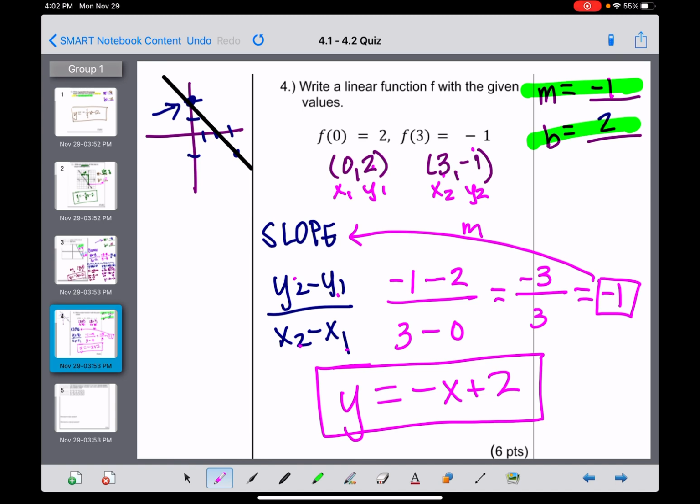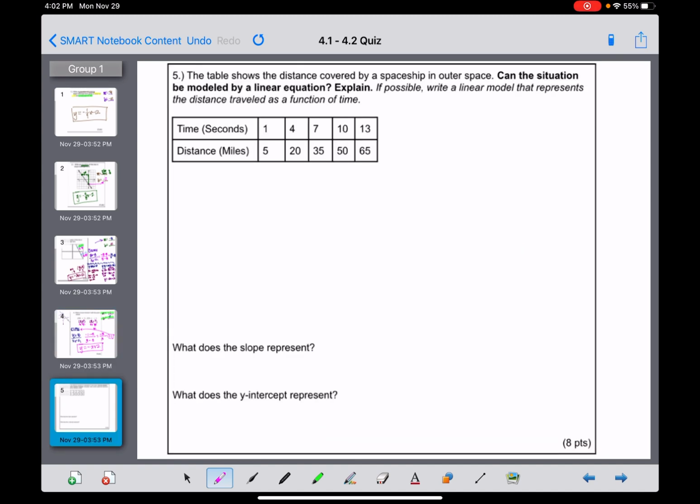Now this final question had a lot of pieces and parts to it. So the table shows the distance covered by a spaceship in outer space. Can the situation be modeled by a linear equation? So that means, does it have a constant rate of change? So I'm looking.